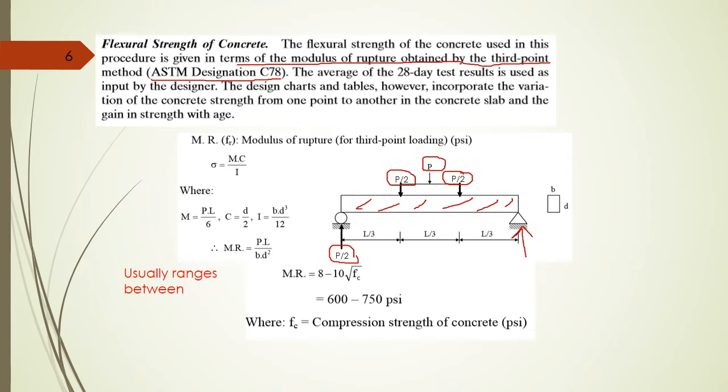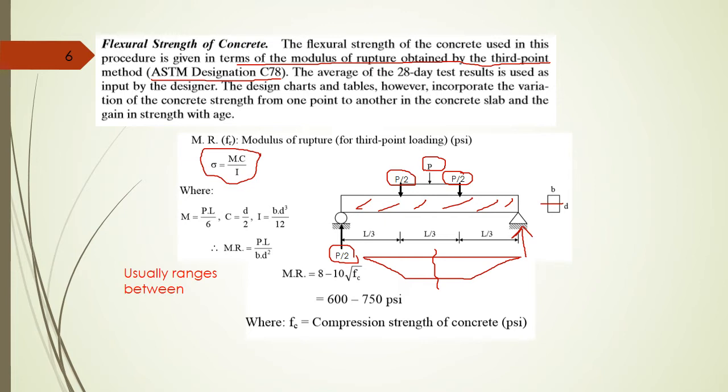If you draw a bending moment for this beam, it will look like this, where you have the maximum moment here, this value. So you can apply the equation of stresses due to bending, M over I multiplied by Y. Here this C is Y, which is equal to D over 2, half the height of the cross section.